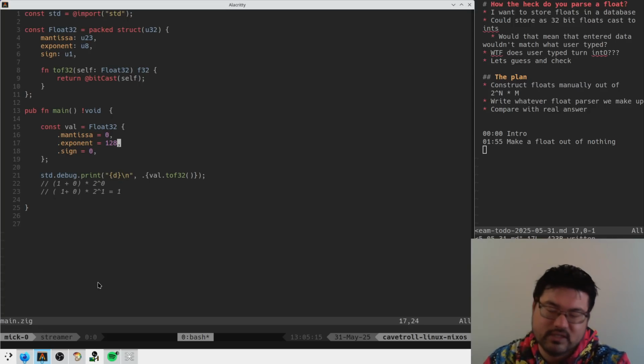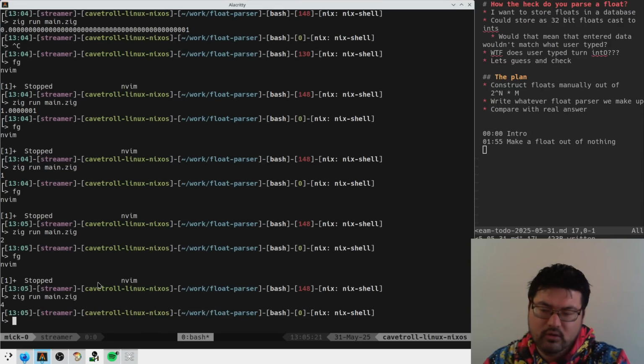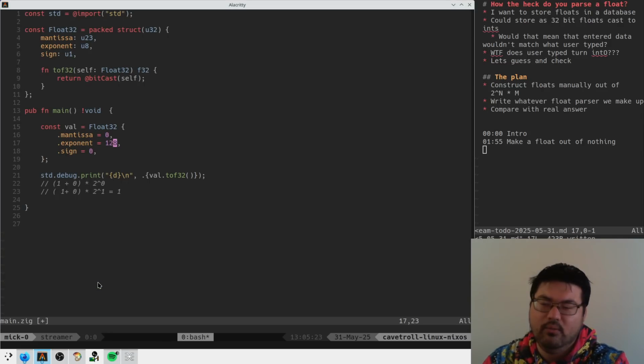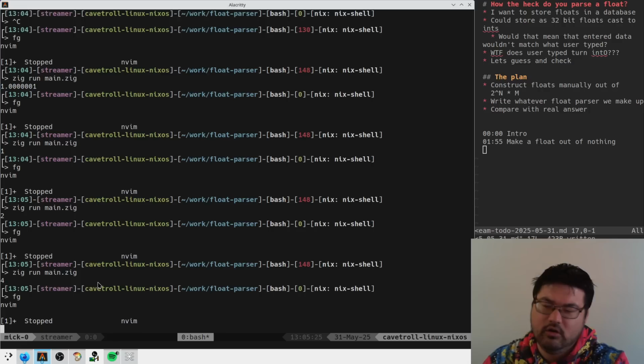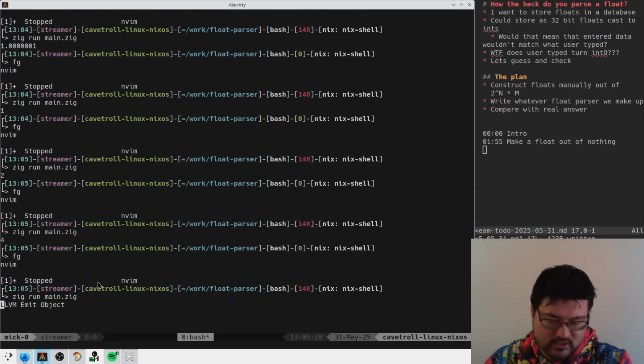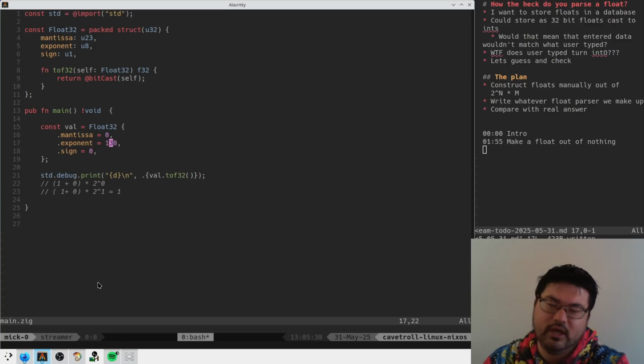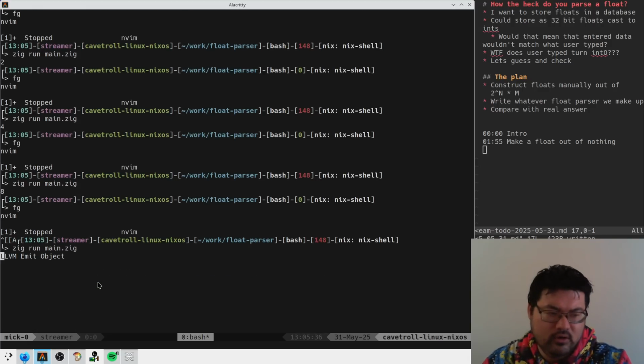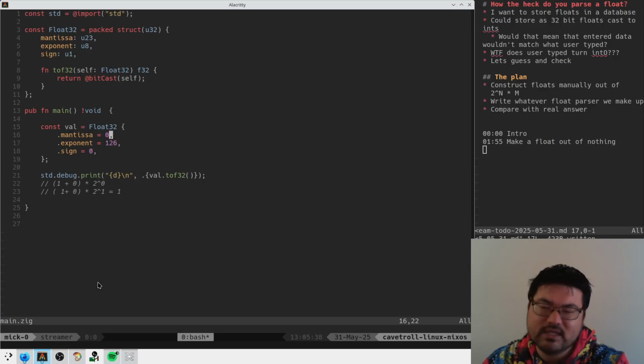We keep incrementing and it becomes 2, 4, 8: 129 would be 4, 130 would be 8. Cool. And if we do 126, this is divided by 2, so it should be 0.5. Yes, that makes sense.